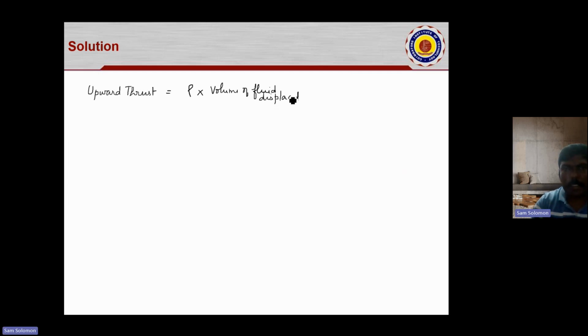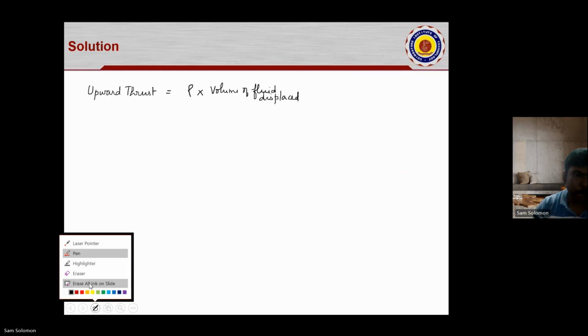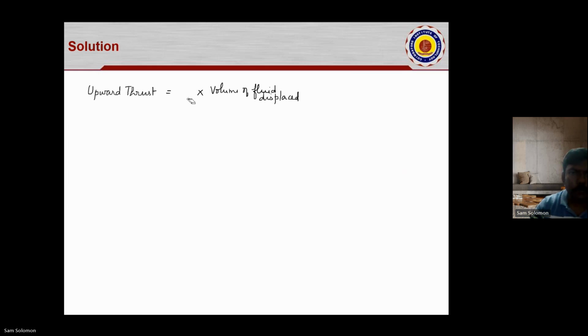When I say density, it is the weight density, rho times g.